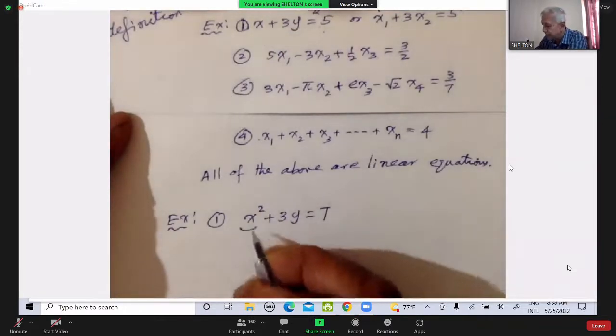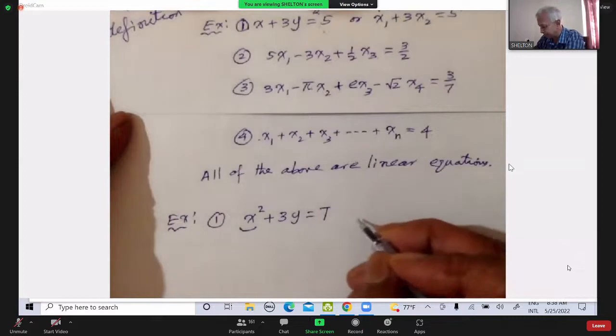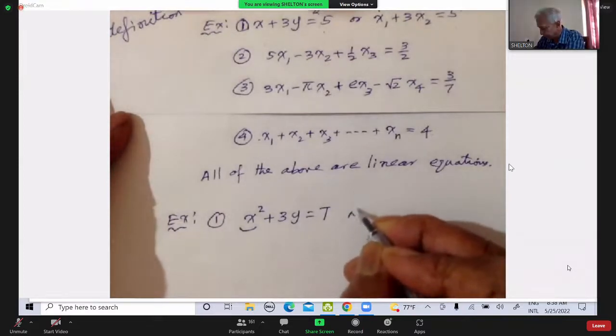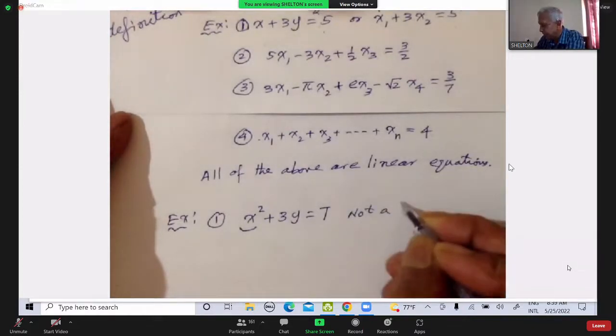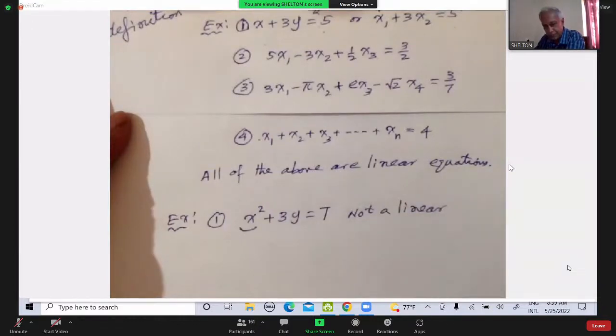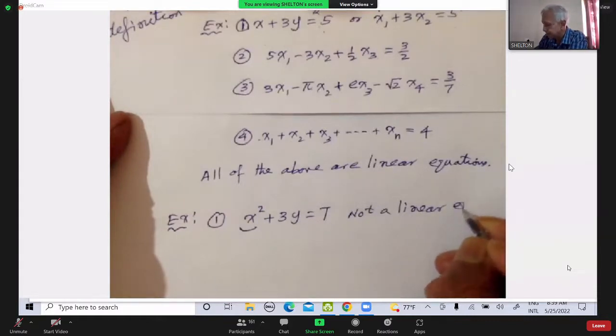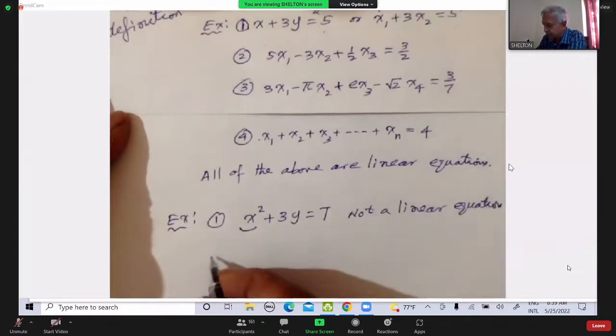This is bad for linear equations. So this one is not a linear equation. It's an equation in 2 variables, but it's not a linear equation. So understand the word linear. I will come to that again geometrically also.